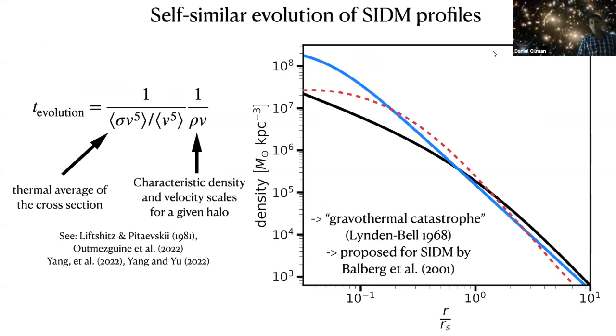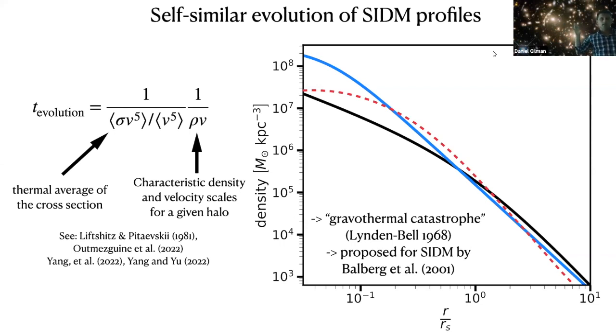First, a bit about how we model core collapse. It turns out that if you track the evolution of a self-interacting dark matter halo, the time evolution looks self-similar if you scale time by units that depend on the cross section. Essentially, there's this evolution time scale, which depends on one over the density and a velocity scale for the halo, and then another term, which is a thermal average of the cross section.